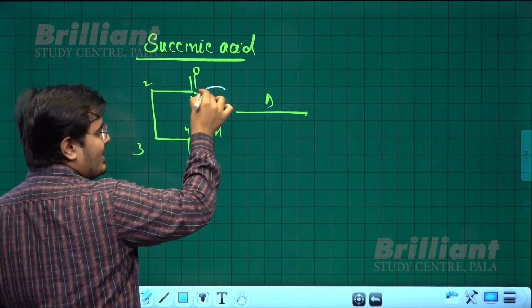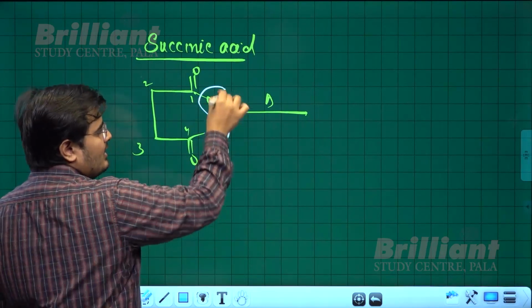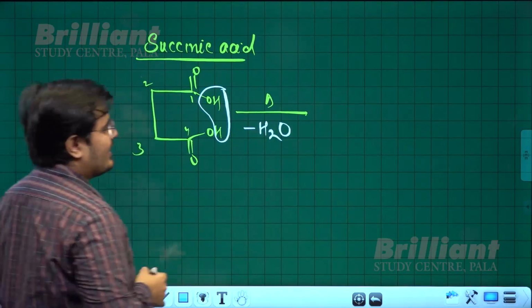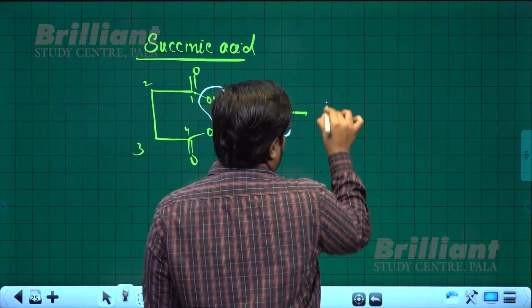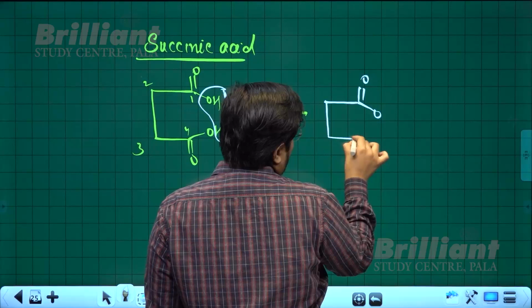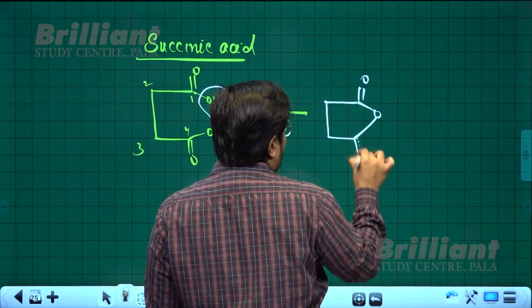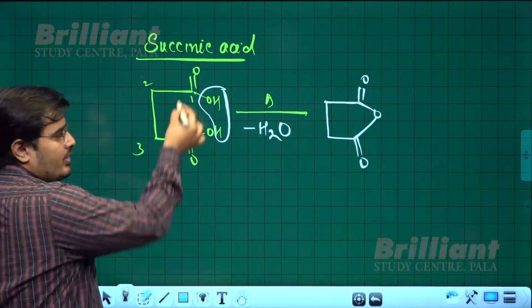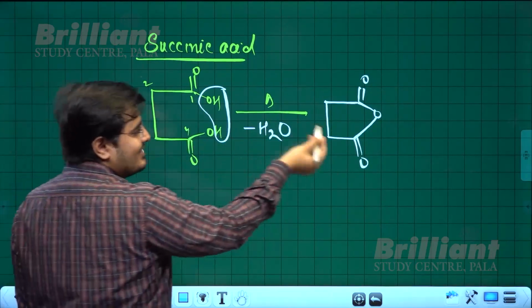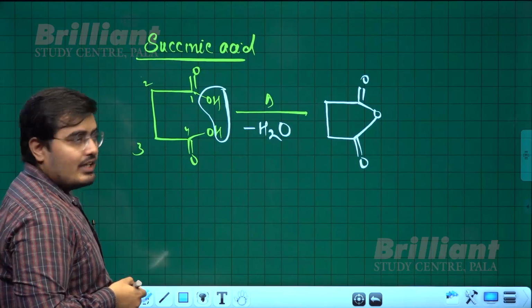In this case, they are actually not going to decarboxylate, rather it is going to undergo dehydration to form a cyclic anhydride. So this will be the cyclic anhydride formed. So when two carboxylic acid groups are at a distance of 1 and 4, then they cyclize to form the anhydride.